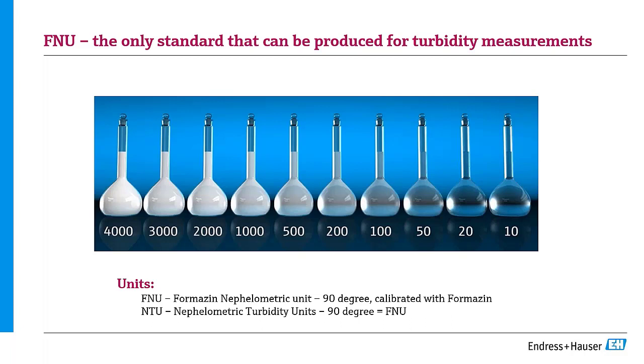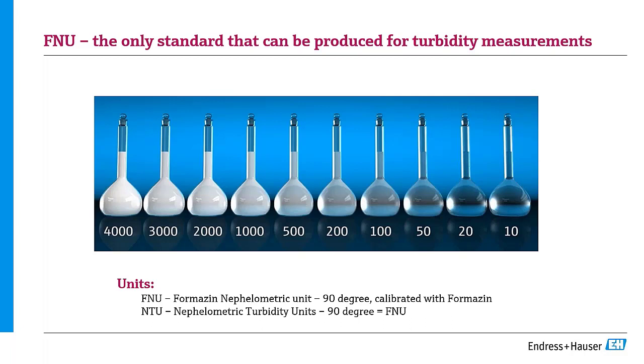Before we talk a little bit about how we do calibrations and verifications, I want to ask why we need to do calibrations during our turbidity measurement. The answer is that we calibrate our turbidity sensors because we need to account for the fact that the light degrades over time.